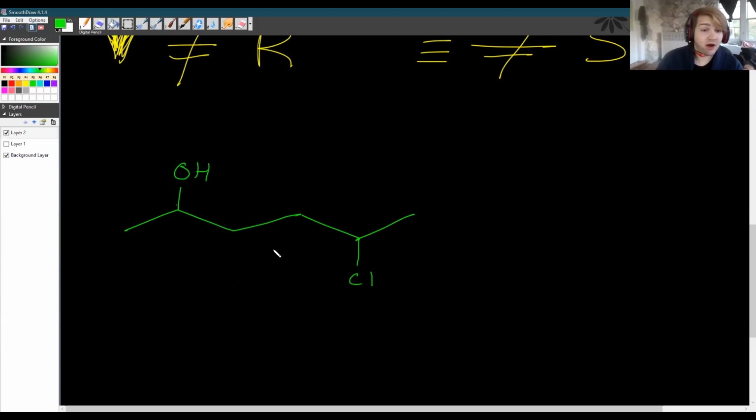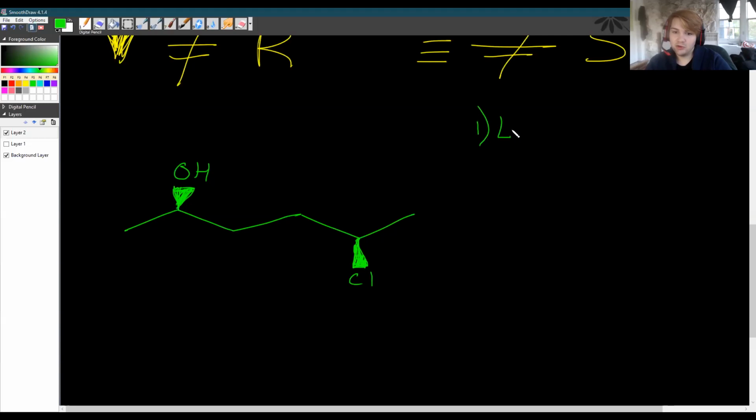Now, they could tell us the R and S, and then we'd have to determine the wedging or dashing, or they could give us the wedging and dashing, and we have to determine the R and S. All right. So as of right now, I have nothing in this molecule that tells me what I need to know. So what I'm going to do is I'm going to put both of these groups on the wedge. Now I have some 3D information that will help me. And now I can use the Cahn-Ingold-Prelog system to determine R and S.